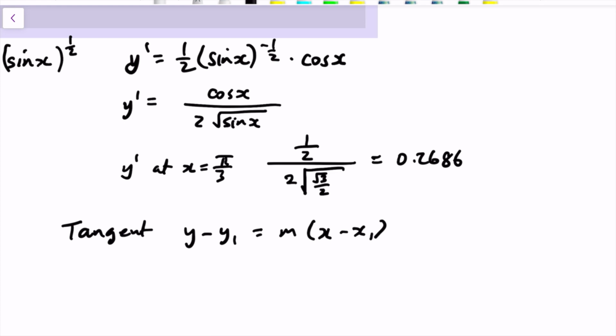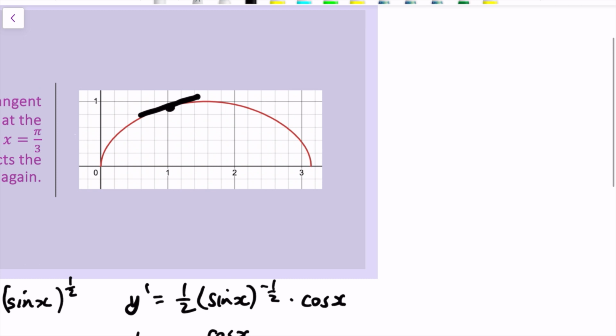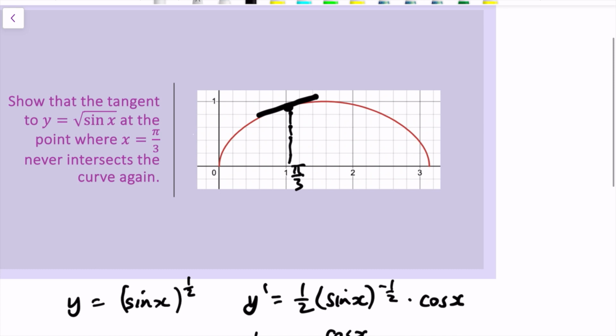We've got our m, 0.2686, and we've got our x1, y1. It's a specific point on the curve. x equals pi over 3 is the x value, the y value is the square root of sine of pi over 3, which is the square root of root 3 over 2.